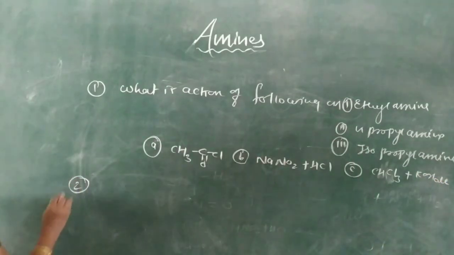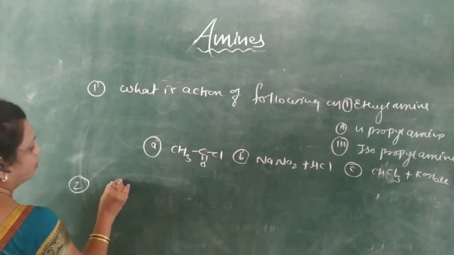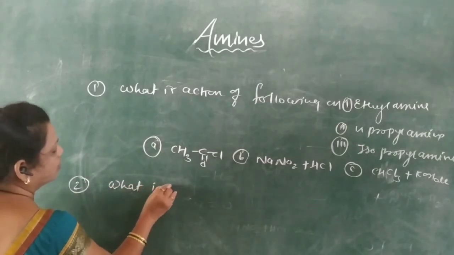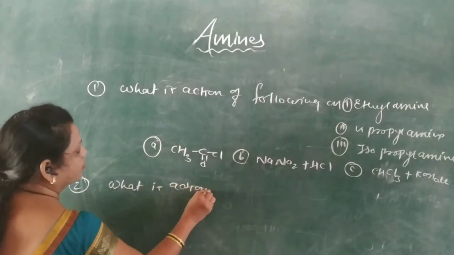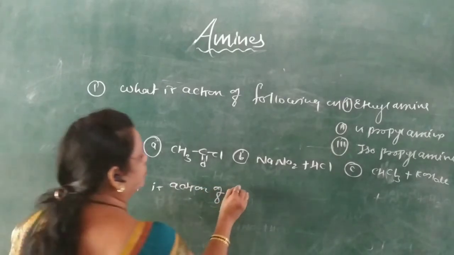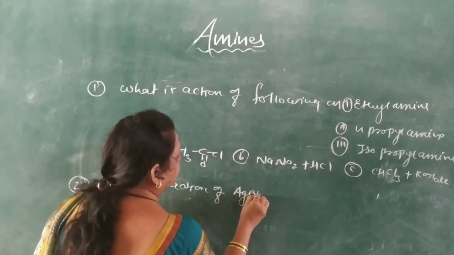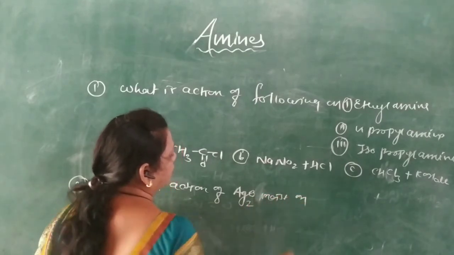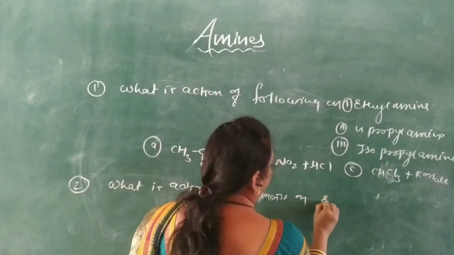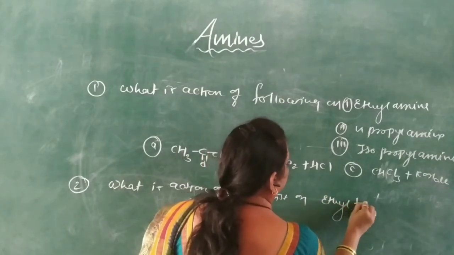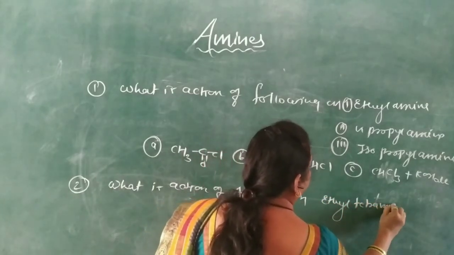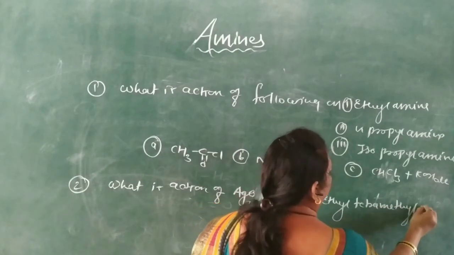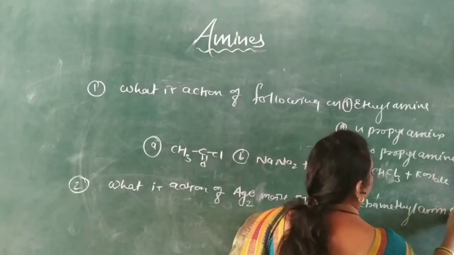Then second one, what is the action of AgOH, moist Ag2O on ethyl tetramethyl ammonium chloride.